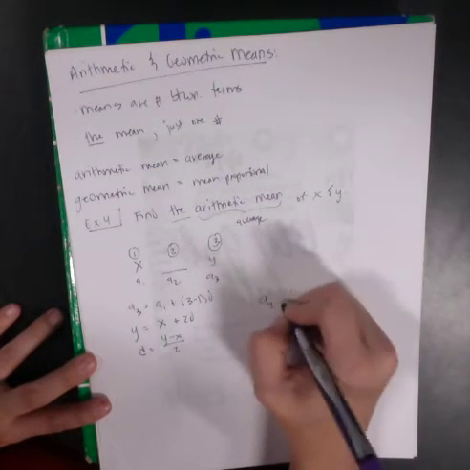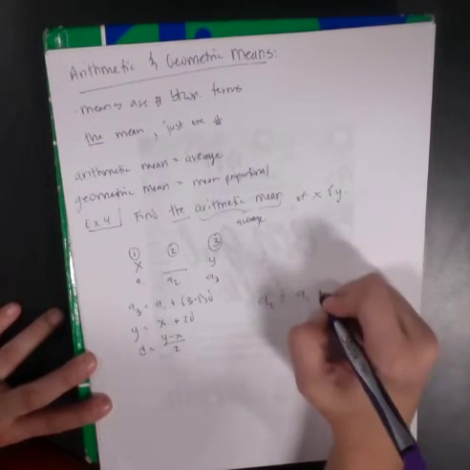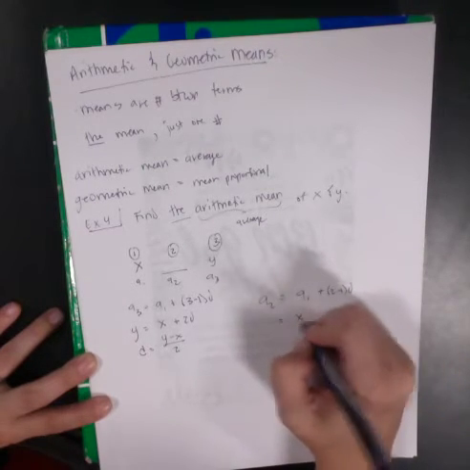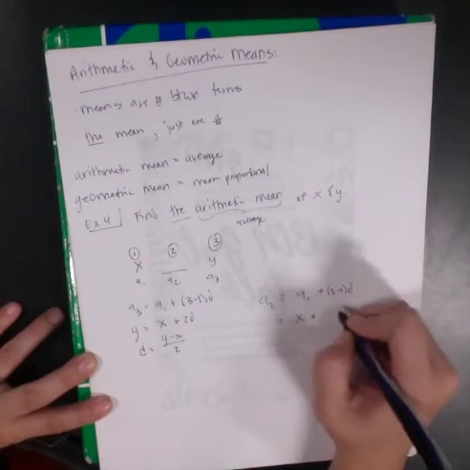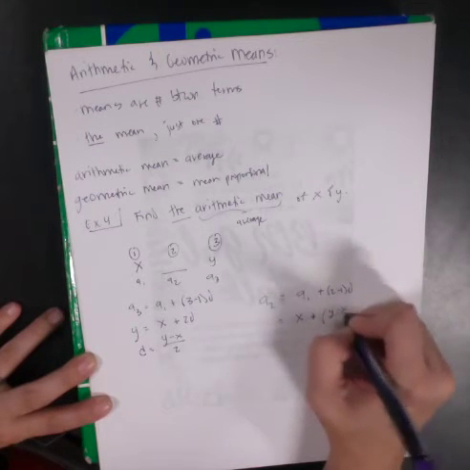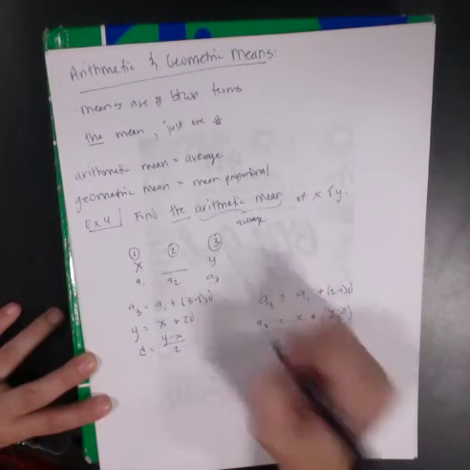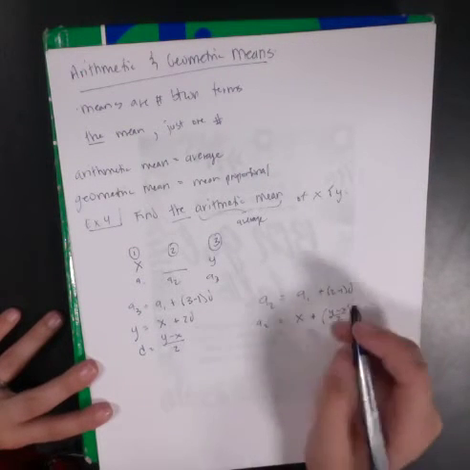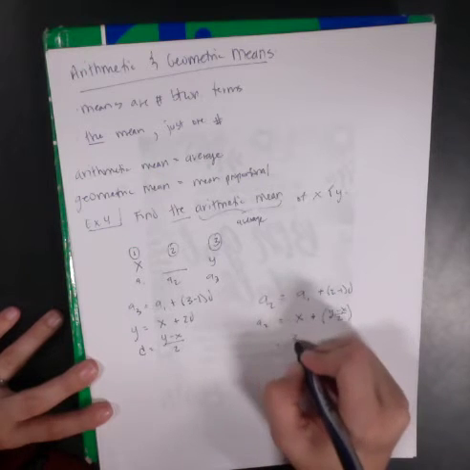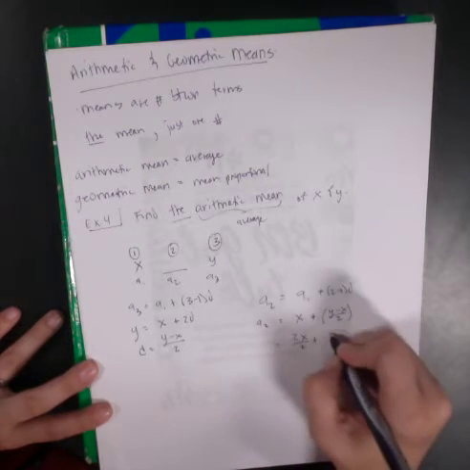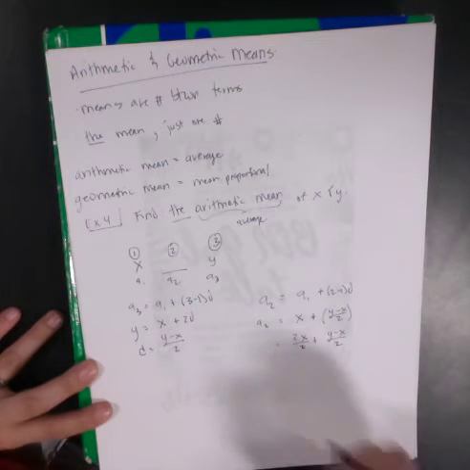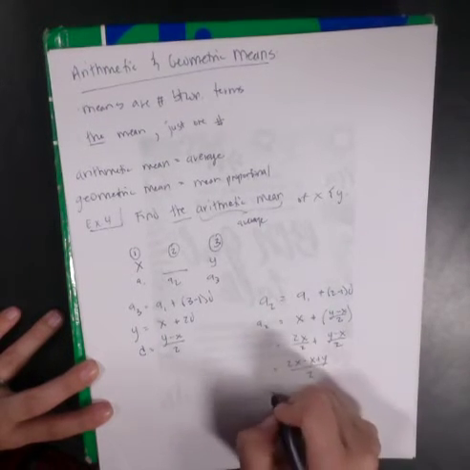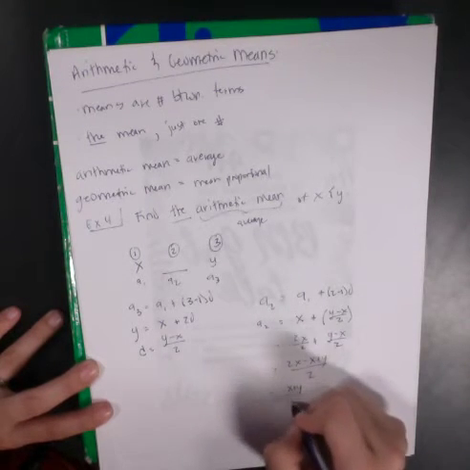So then a2 we know is a1 plus 2 minus 1 times d. So a2 is x plus 1 times y minus x over 2. So to combine these into one fraction, I get 2x over 2 plus y minus x over 2, which gives me 2x minus x plus y over 2, which gives me x plus y over 2.